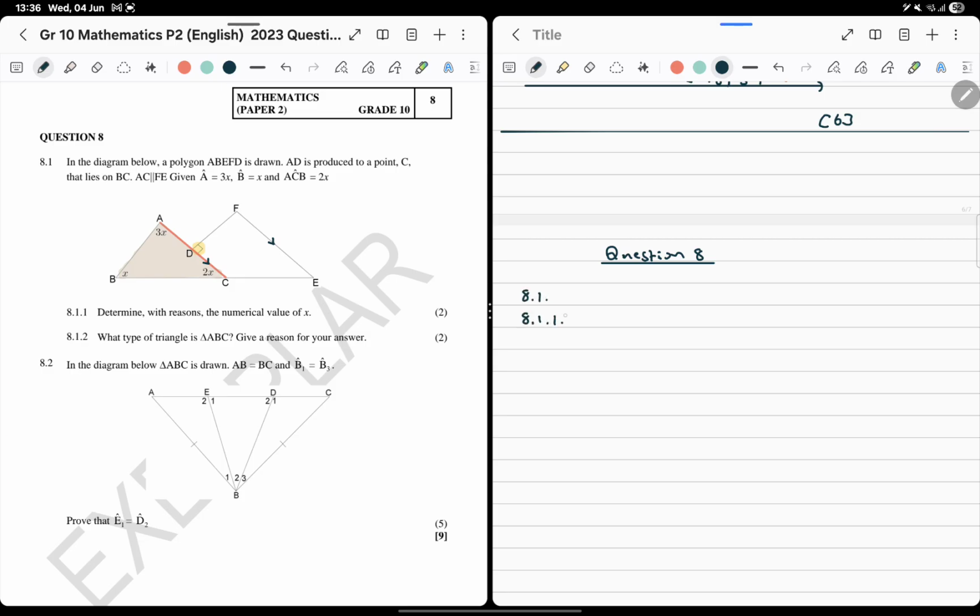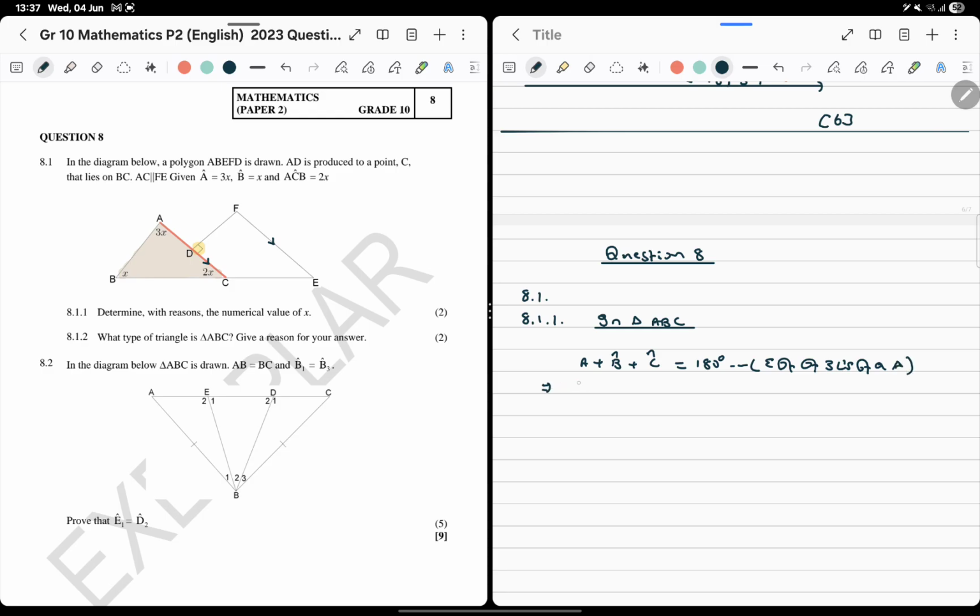So 8.1.1. We know that we are working in triangle ABC. We know that angle A plus angle B plus angle C is 180 degrees, sum of 3 angles of a triangle. We don't need to say BCA or ACB because we stated exactly where we are.